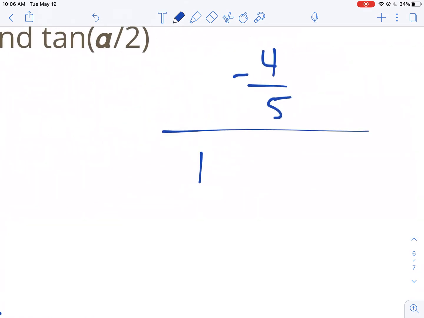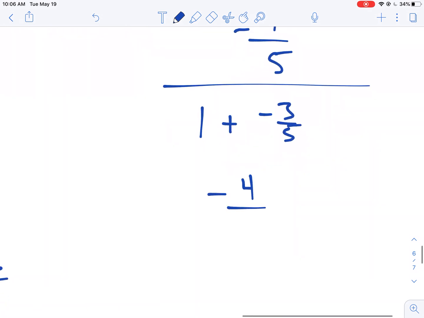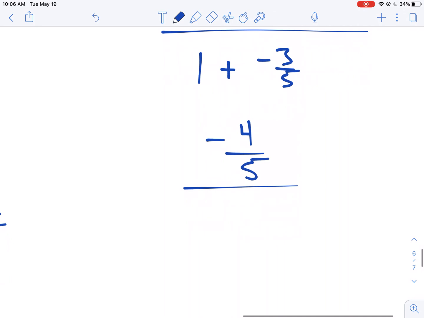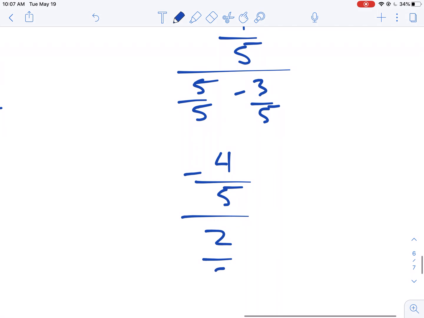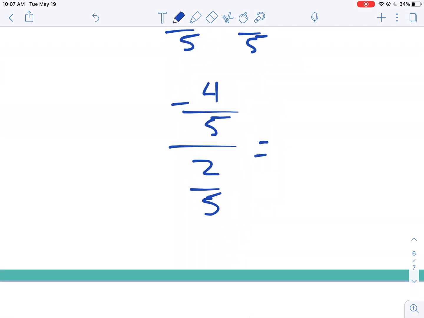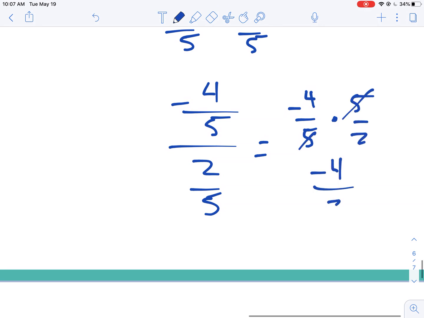So that's 1 plus -3 over 5, -4 over 5, all over 5 over 5 minus 3 over 5, -4 over 5, over 2 over 5, -4 over 5 times 5 over 2. Those cross out, -4 over 2, and that's equal to -2. So again, we can see that I didn't even need to, at that point, think about what quadrant I was in. That makes it a little bit easier.